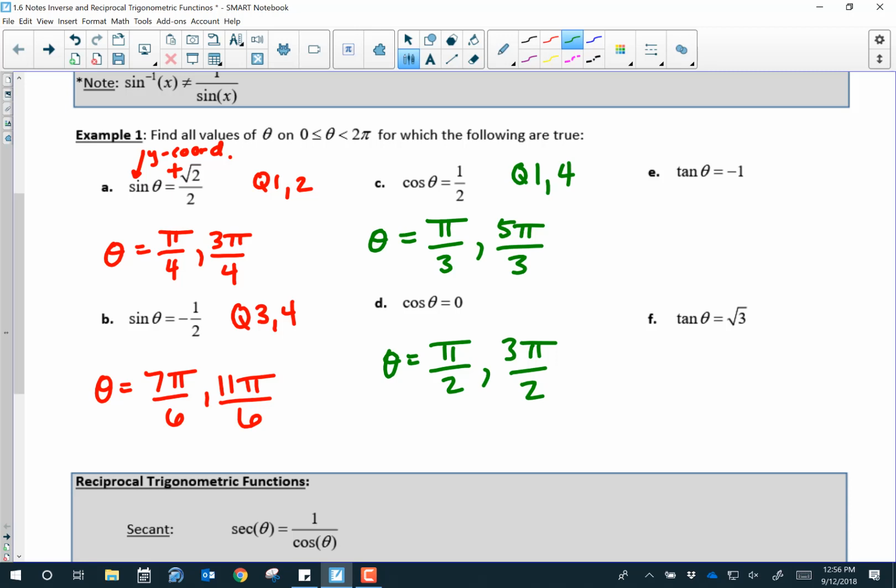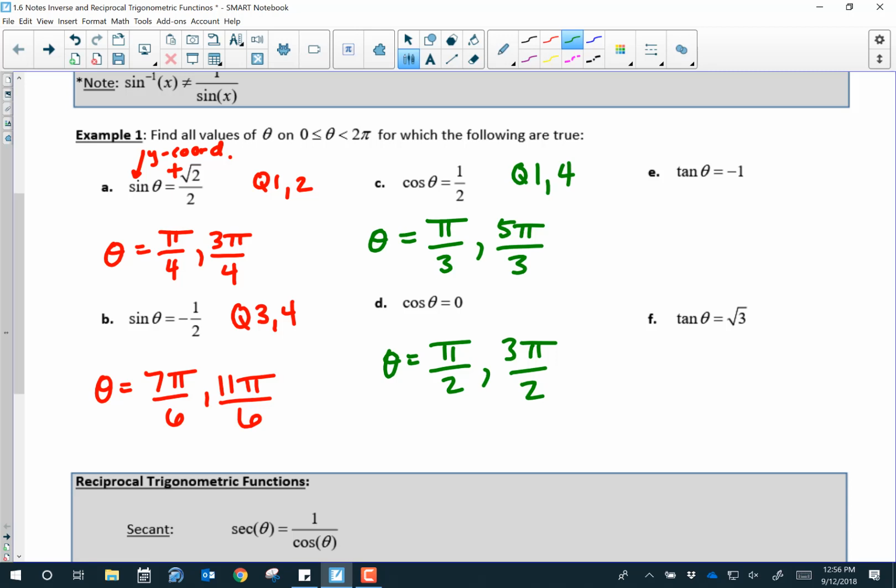All right, now let's go to E and F. Remember, I taught you last time, tangent, I think of it as the slope, because it's the y over the x. So for E, tangent theta equals -1, so for y over x to equal 1 in magnitude, y and x have to be the same. So what reference angle are y and x the same? Pi over 4.